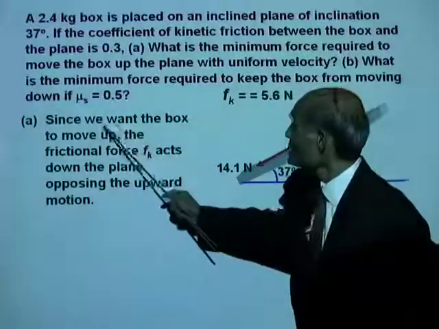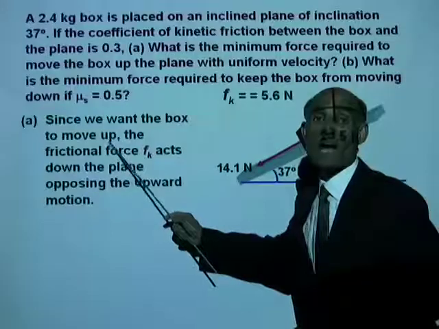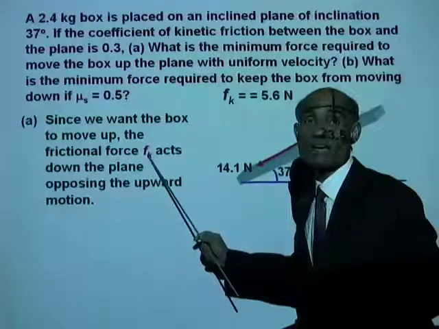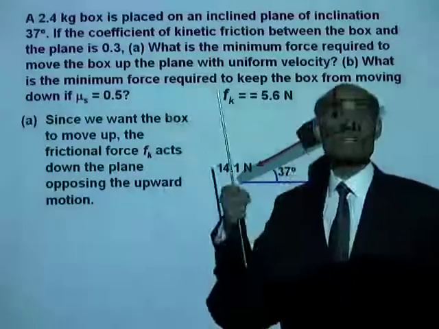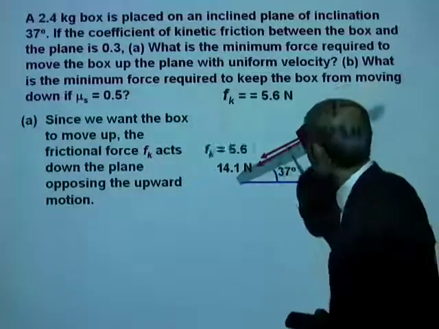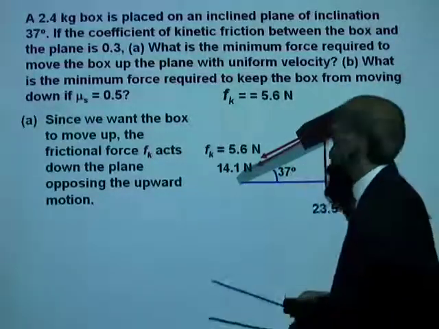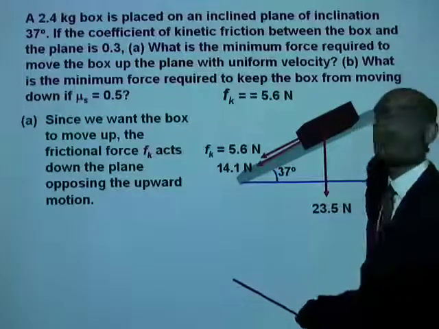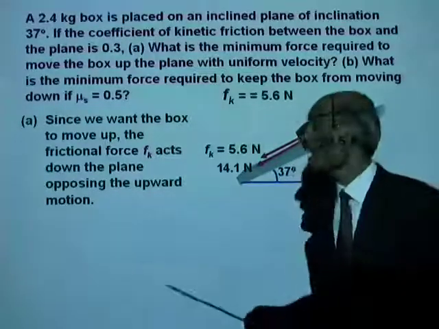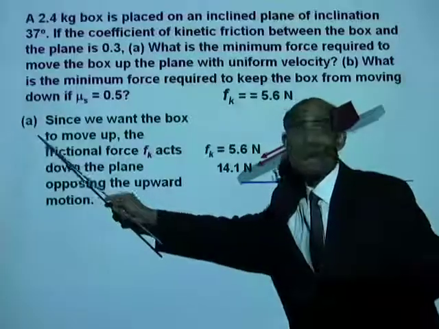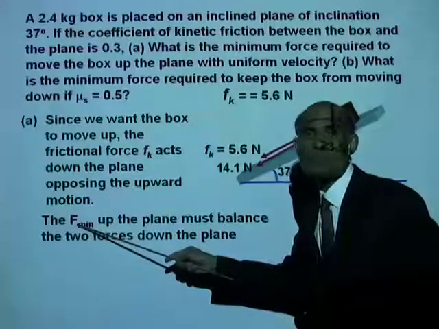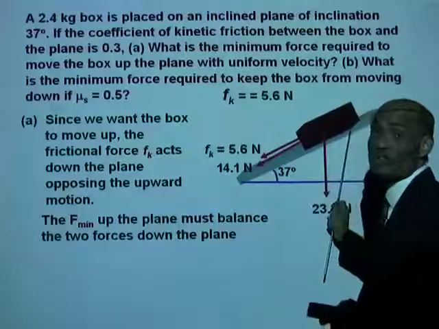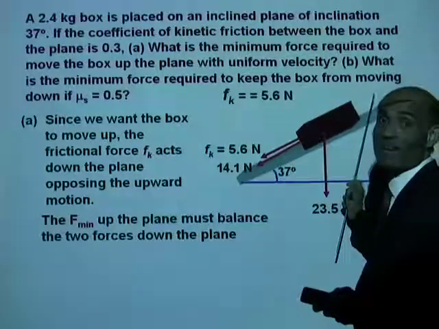Alright? Since we want to move the box up, the frictional force Fk acts down the plane, opposing the upward motion. So the frictional force Fk equal to 5.6 Newton is also down the plane for this part of the problem. And therefore, what is the minimum force that you now need to apply upward?